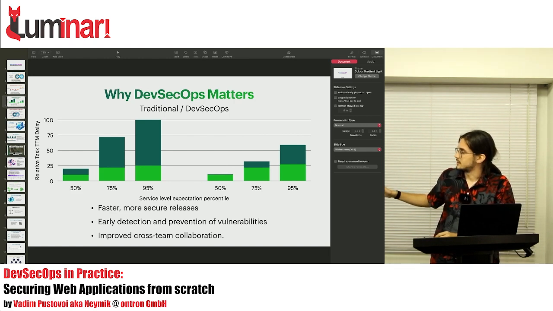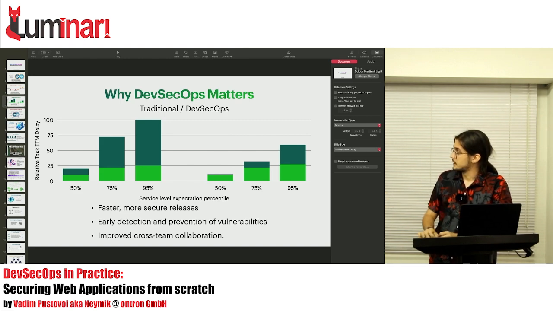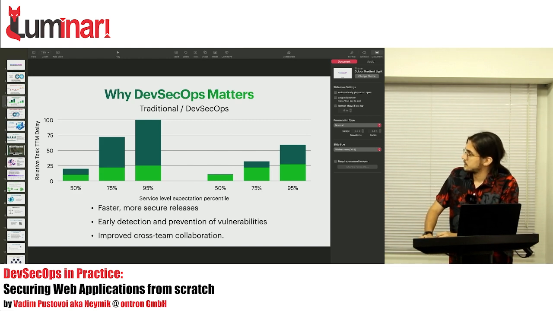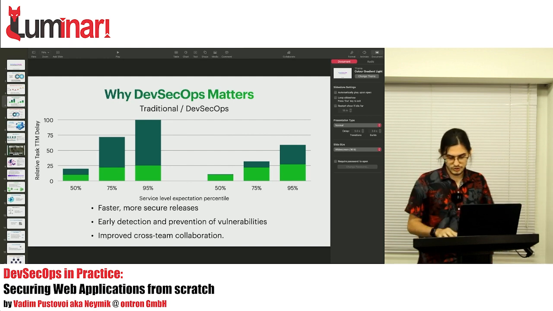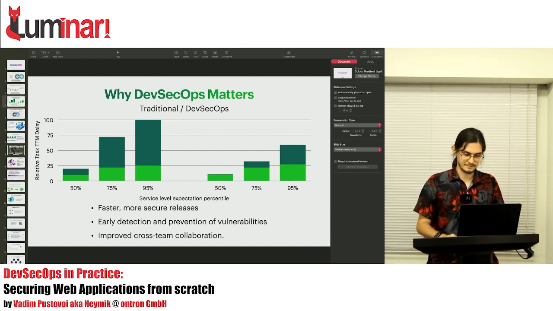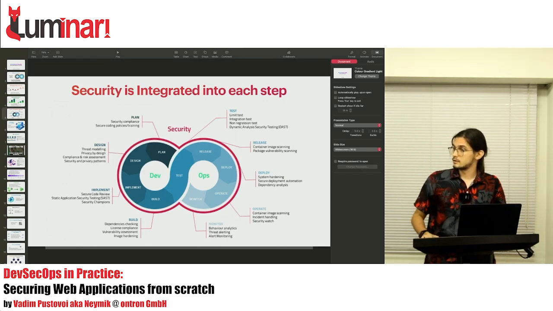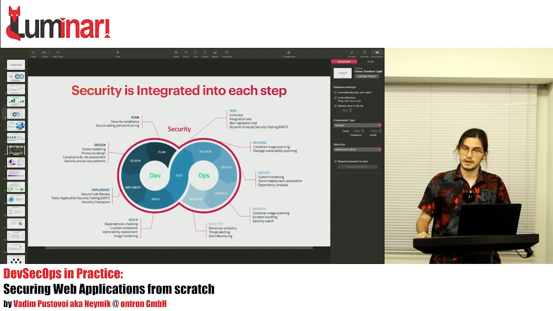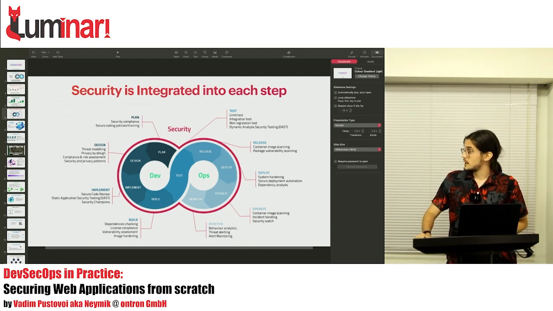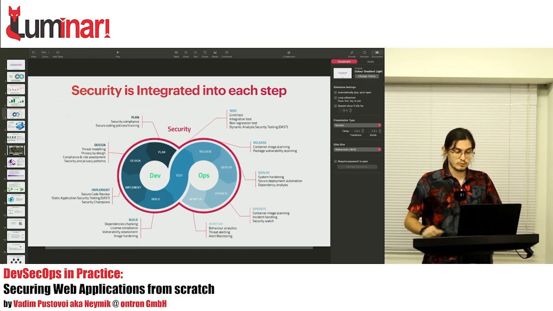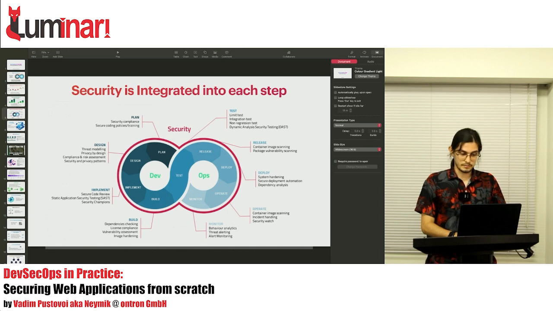I show the delay by security reasons and the delay by development reasons, and in traditional ways the delays were much worse. Security in DevSecOps is integrated in each step. There are a lot of different ways to integrate it in each step of the DevOps process, and we will be talking about some of them today.